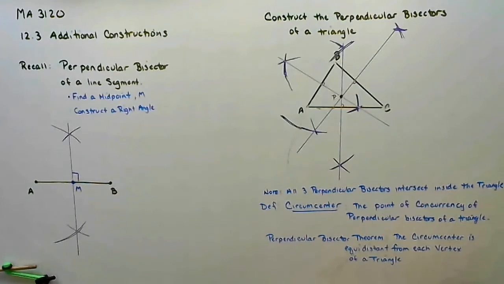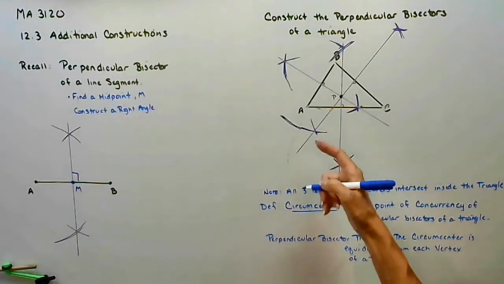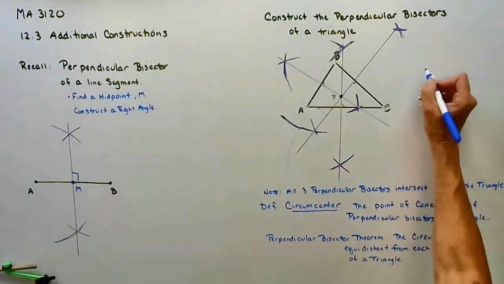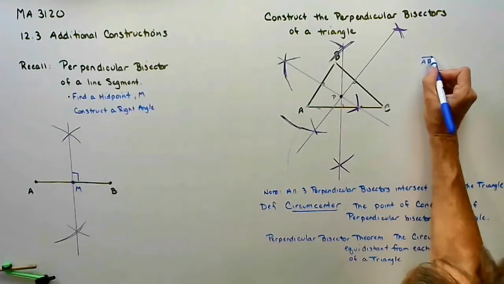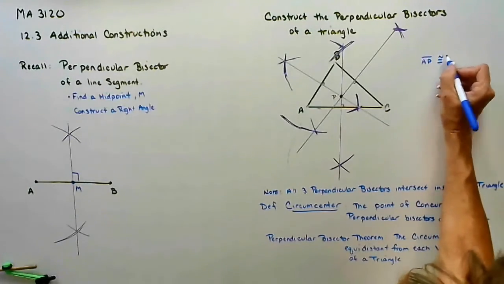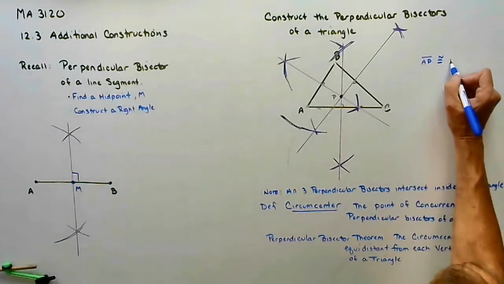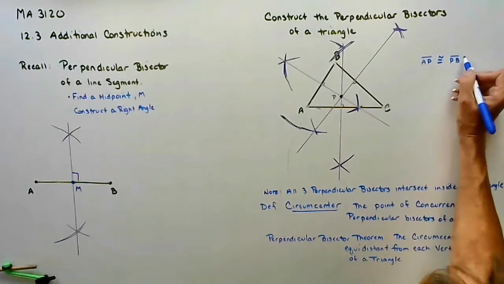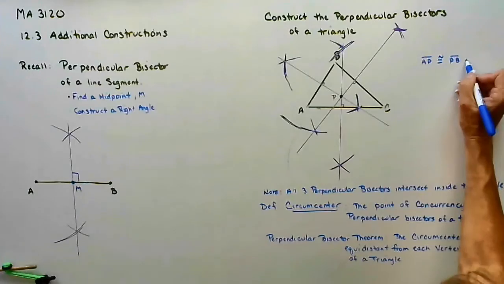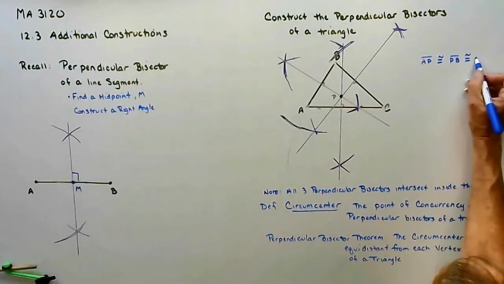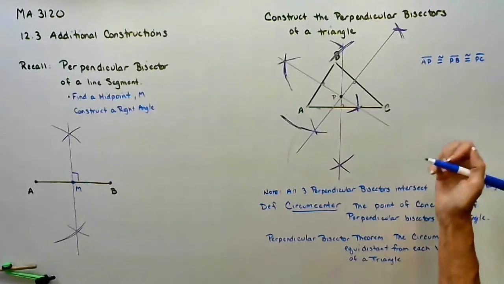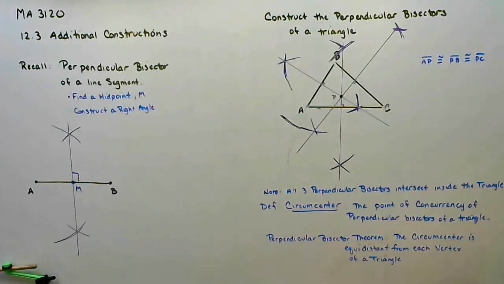So in our case, we could say the distance from A to P is congruent to the distance from P to B, which is congruent to the distance from P to C. So all three of those are congruent.